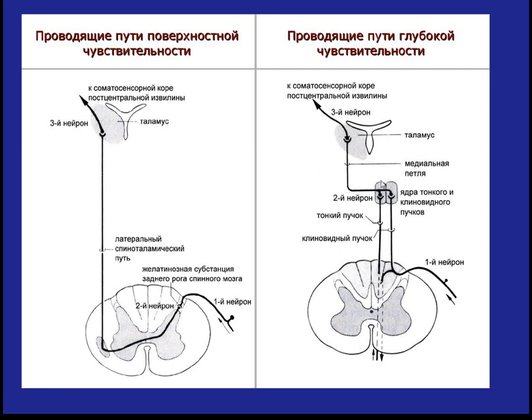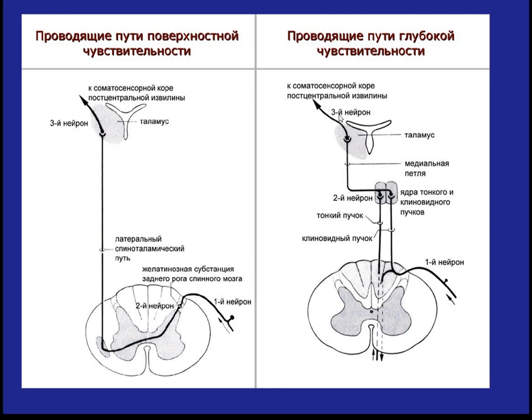And axons of these second-order neurons in medulla oblongata cross the midline just here in medulla oblongata, and together with spinothalamic tract go up to the thalamus opticus.